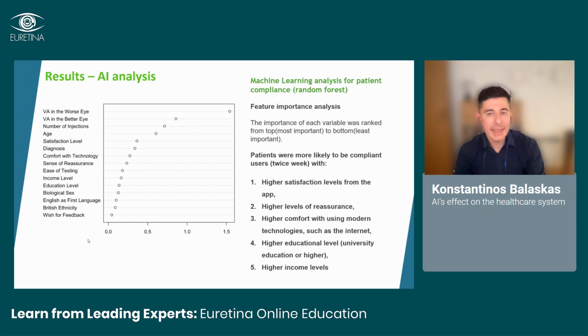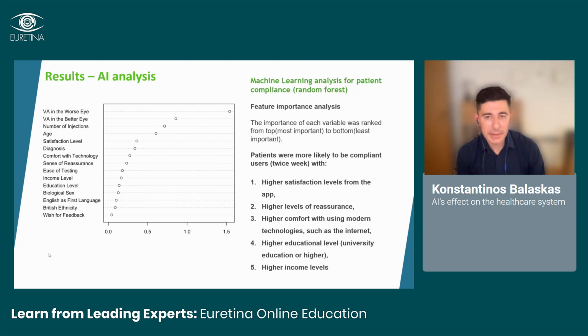We also did an AI type of analysis, which is less rigid than a statistical analysis, to understand which factors may play a role on the ability of our patients to benefit from these technologies.